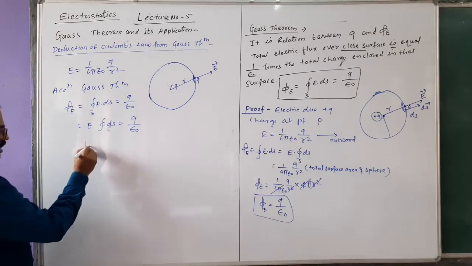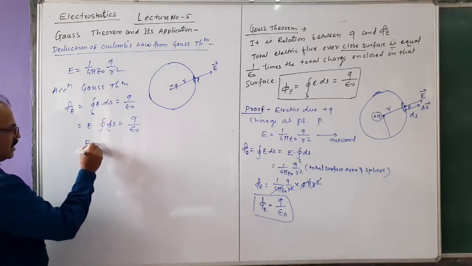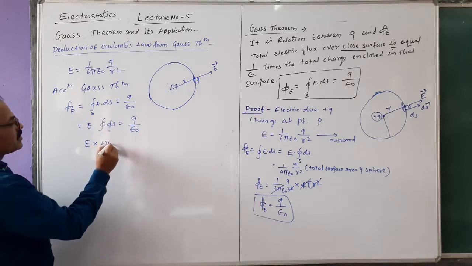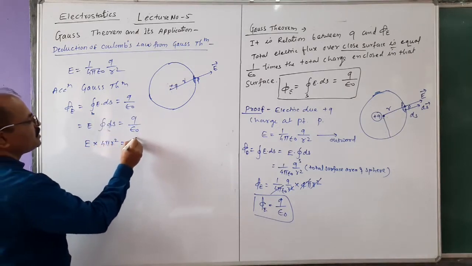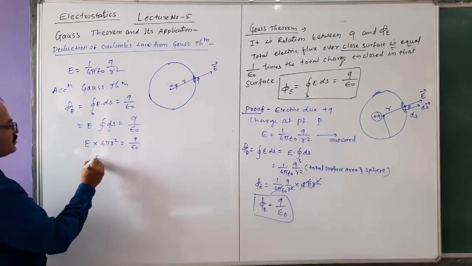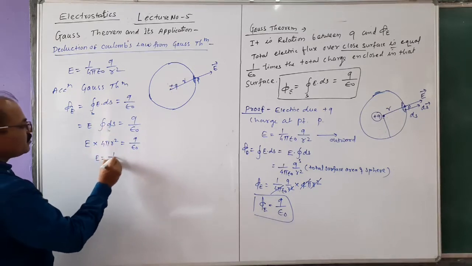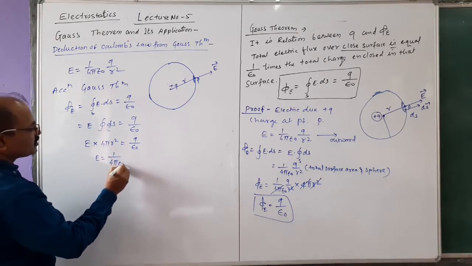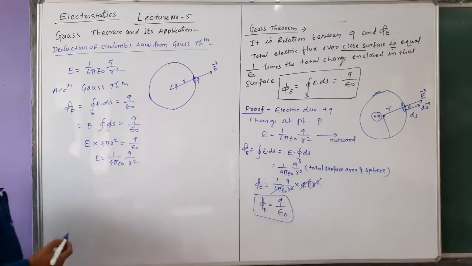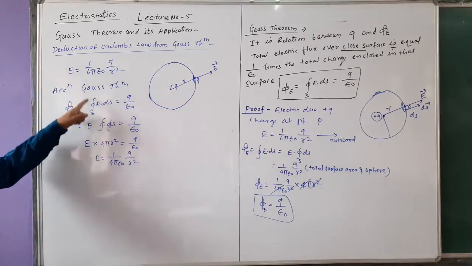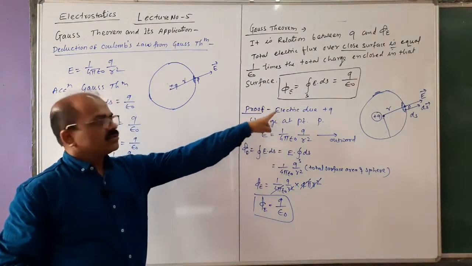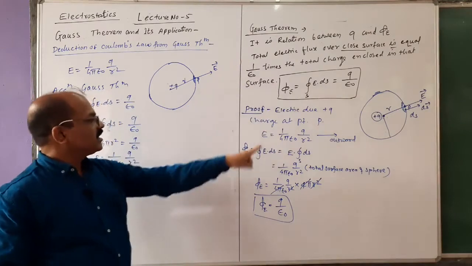So E into the surface area of the sphere, 4 pi r square, equals Q divided by epsilon naught. So E equals 1 divided by 4 pi epsilon naught, Q divided by r square. This is the electric field, which we can write directly, as derived in the proof of Gauss theorem.